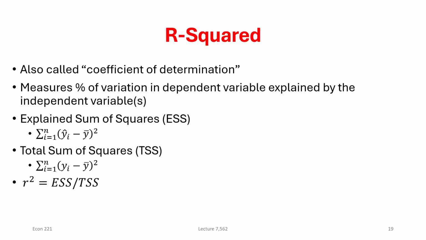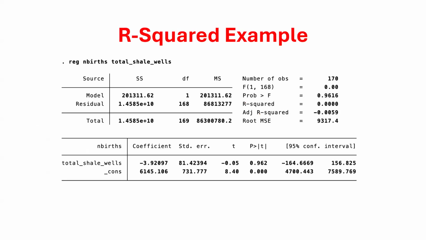Okay. So if we're looking at some output, I'm going back to that births and shale well example. What percent of the variation can I explain? 0, right? And think about why that's the case. If I can explain 0% of the variation, what would it mean? That X variable is not a good predictor of Y. If it's not a good predictor of Y, what should be true about that null hypothesis that the coefficient is equal to 0?